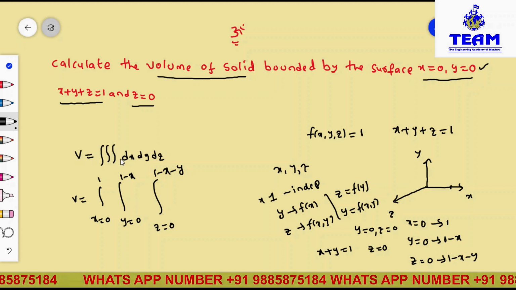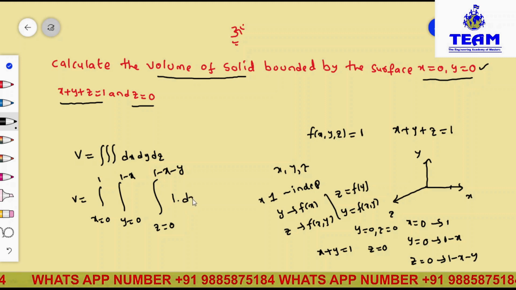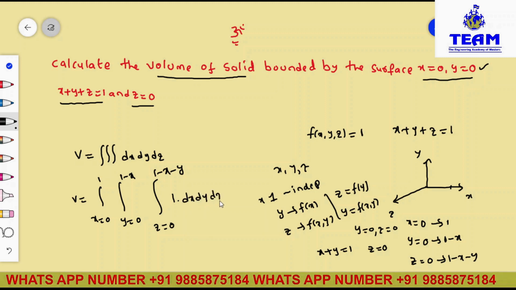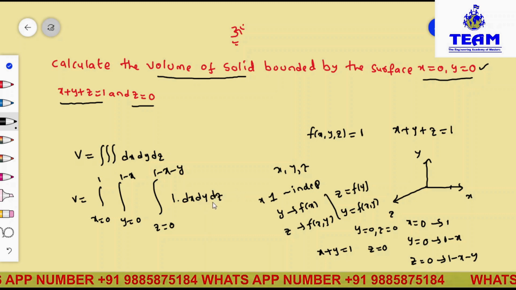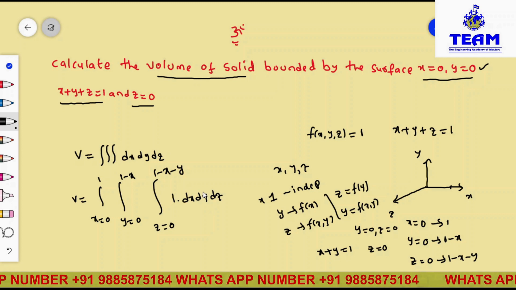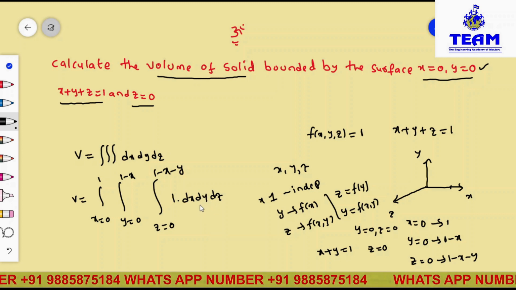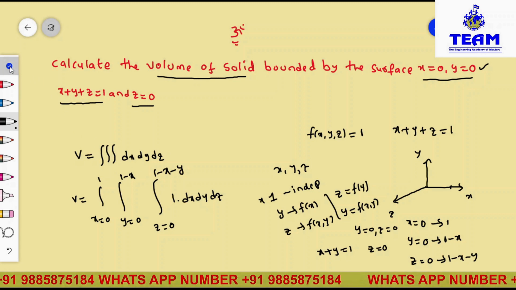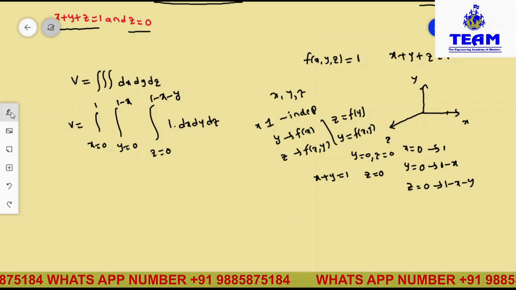They have not given anything, so it is nothing but 1, with the terms dx, dy, dz. Now we have to integrate with respect to x, y, z in the triple integral. Which one to integrate first? The one dependent on more variables.